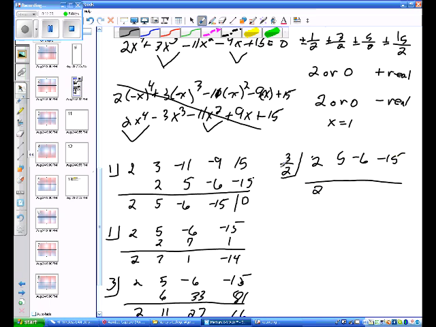And you can go off to the side and multiply 3 halves times 2. Usually, multiplying by 1/2 is the same as dividing by 2, so a lot of times that's easier. Half of 2 is 1 times 3 is 3. Half of 8 is 4 times 3 is 12. Half of 6 is 3 times 3 is 9. So that gives us negative 6. So it's not 3 halves. So let's try 5 halves.